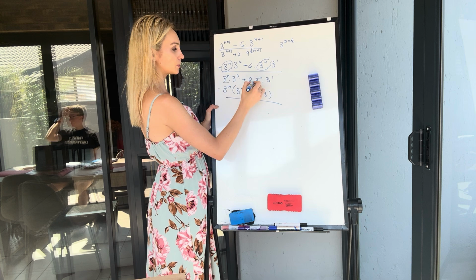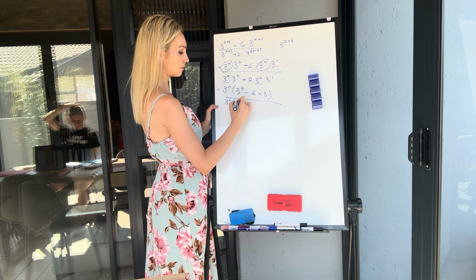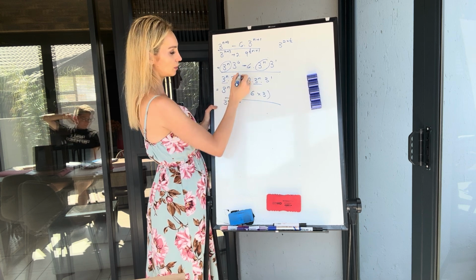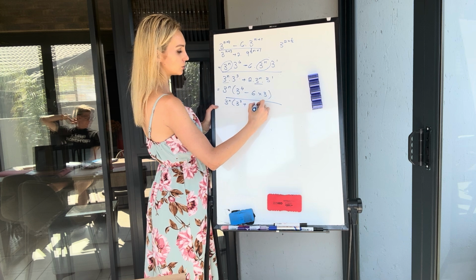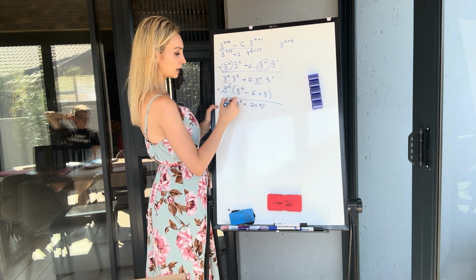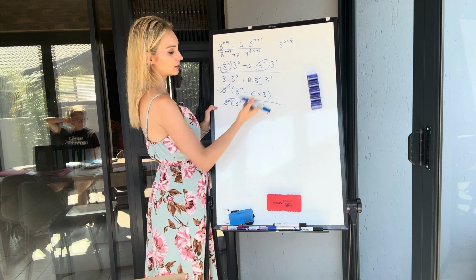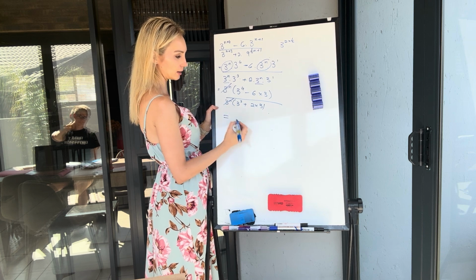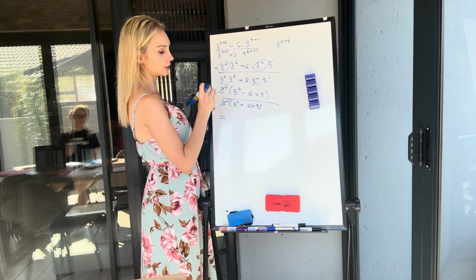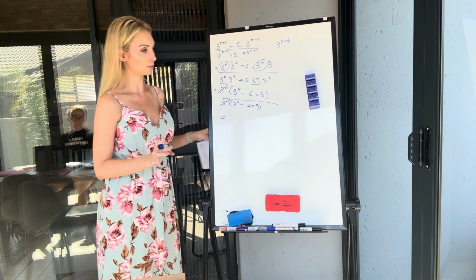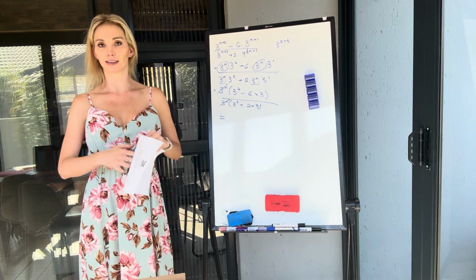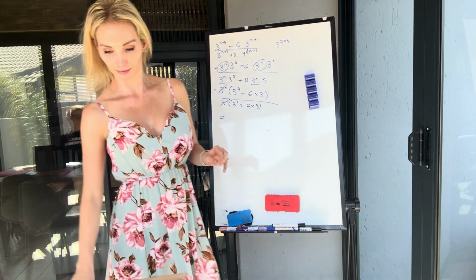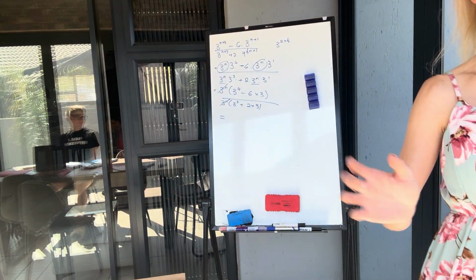At the bottom I'm going to factorize out of 3 to the power of n again, and I'm left with 3 to the power of 3 in this one, plus 2 times 3. These two cancel out with each other, and then I just put this in my calculator and get an answer. So I'll put the top part in the calculator and then divide it by the bottom part. And that's exponents.